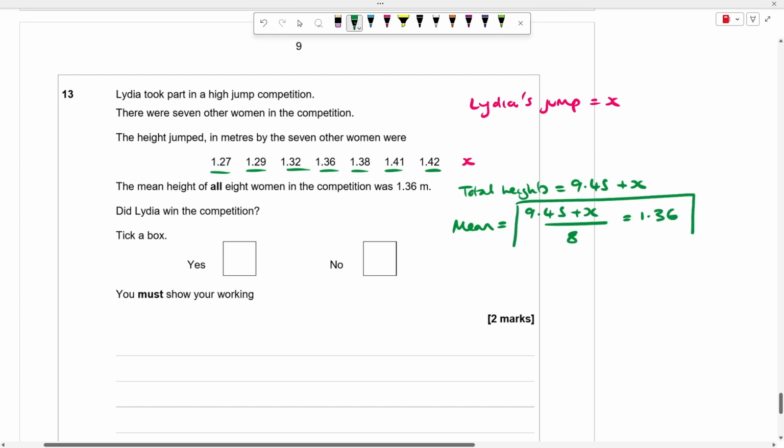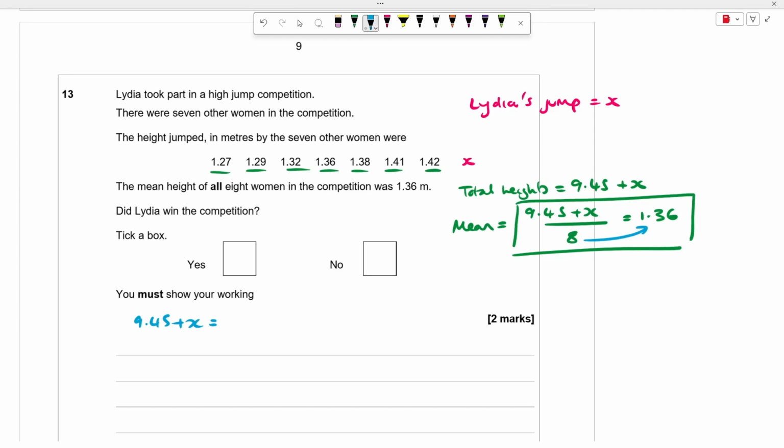So it's this equation that I need to solve to work out X. So 9.45 plus X, taking the 8 over to the other side, equals 8 times 1.36, which gives me 10.88.